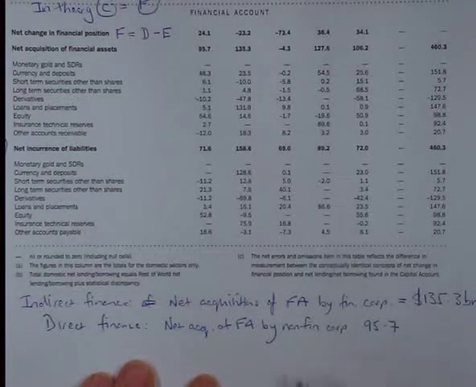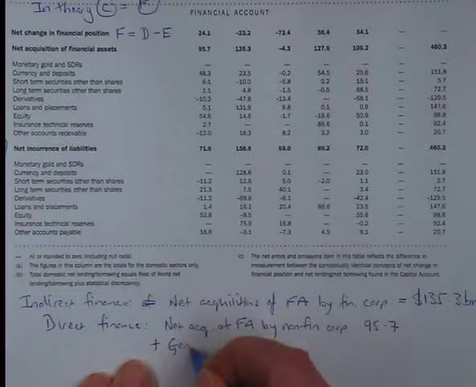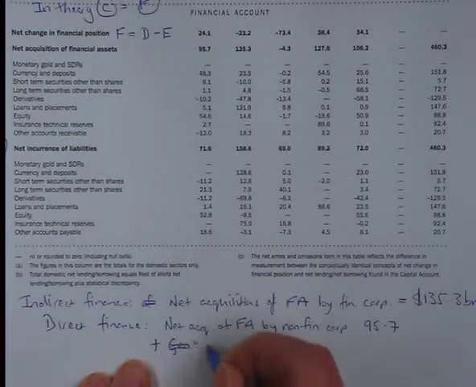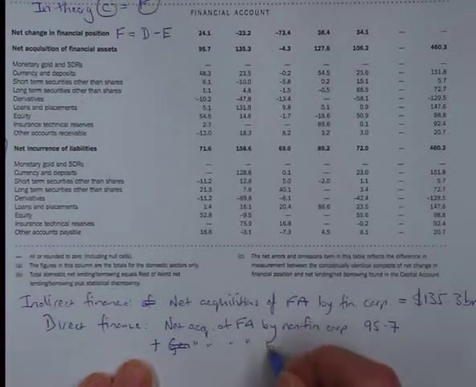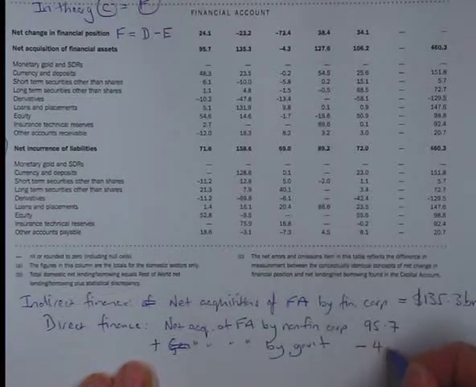Plus the general government. So it's still the net acquisition of financial assets in each case by the government. And that's minus 4.3.